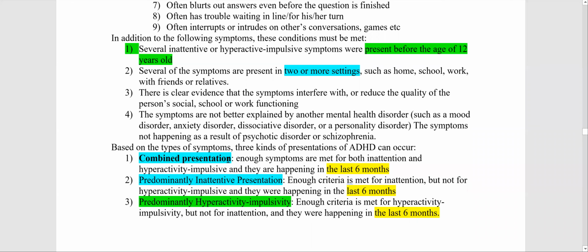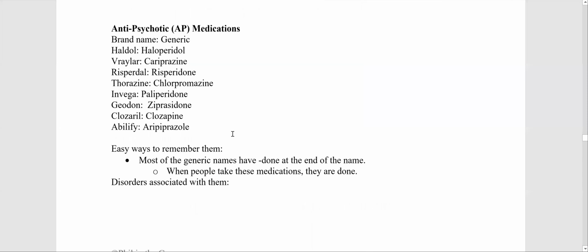So now getting into the last type of medications and disorders that we will be looking at are antipsychotic disorders. And as we saw in the mood disorders, APs is how they can be coined, and they're more focused on psychosis, delusions, hallucinations, etc. And the brand name is on the left, generic name is on the right.